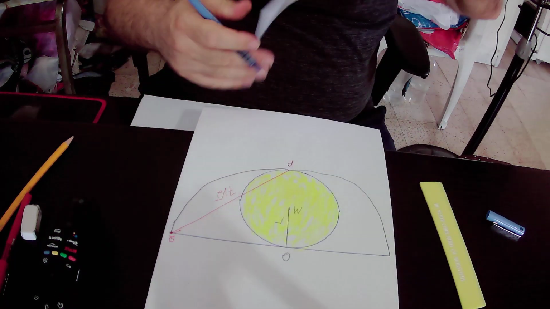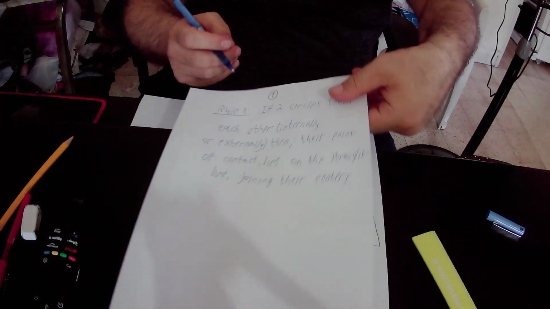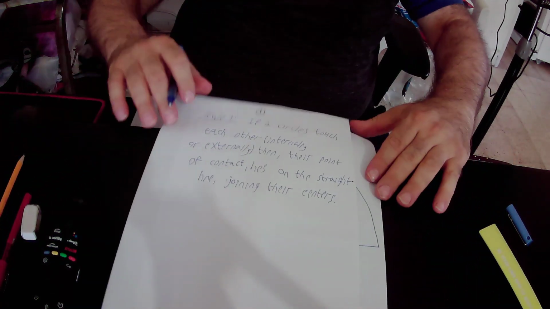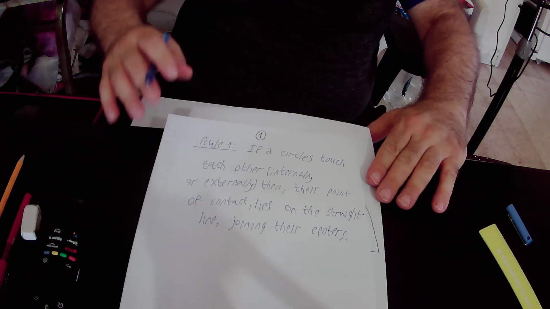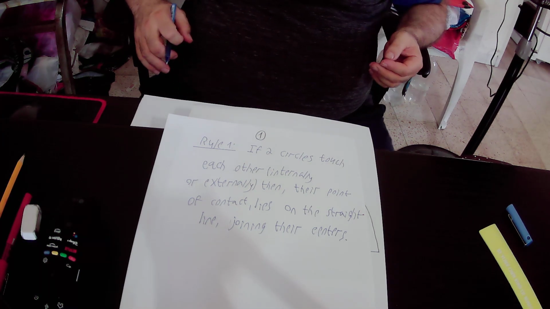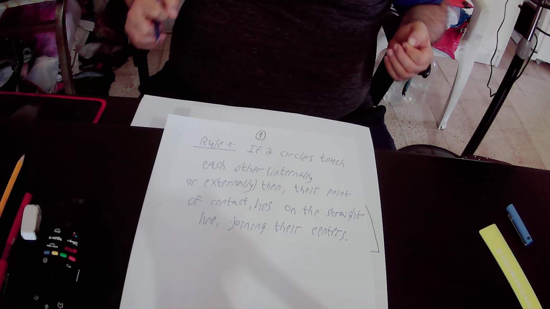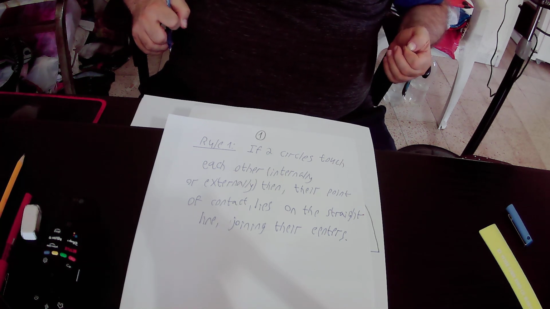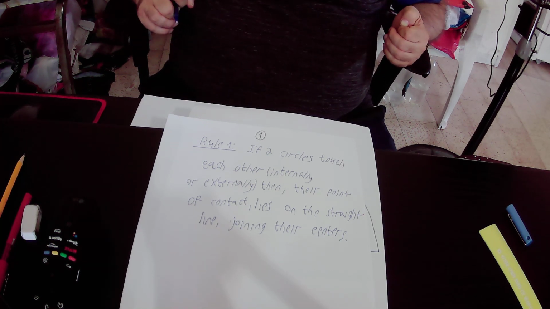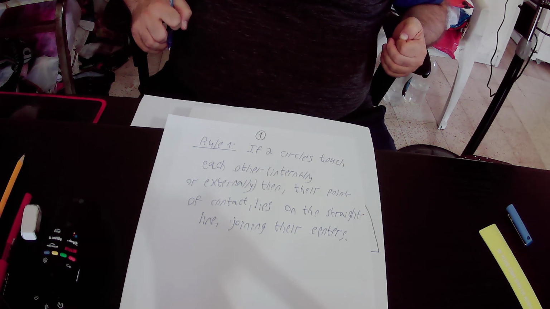So I will read rule number 1 again. According to rule number 1, if two circles touch each other either internally or externally, then their point of contact lies on the straight line joining their centers.